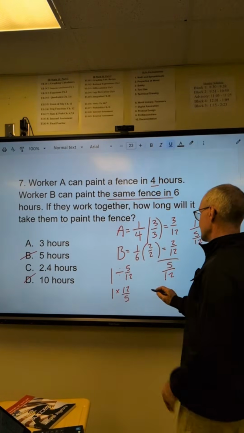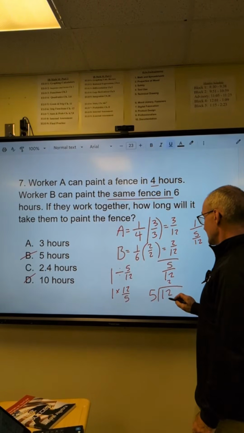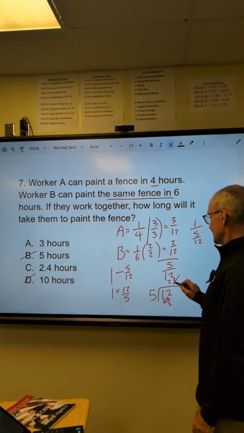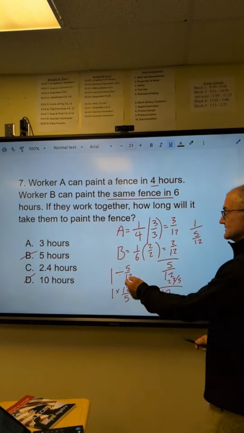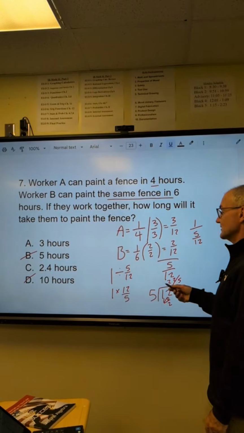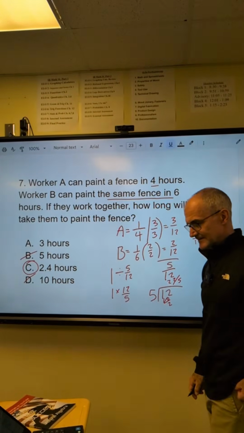That's a fraction. I think of it falling over. 5 goes into 12 2 times to give me 10, and 2 fifths is my remainder. So the only one with 2 up there is C. 2 fifths is 0.4. So the correct answer is answer C right there.